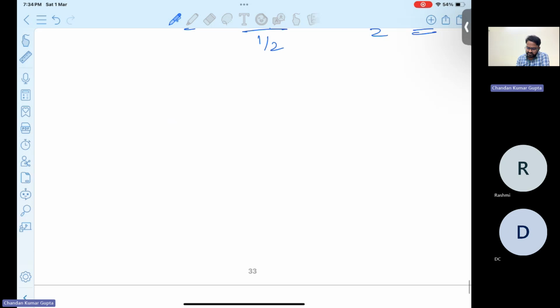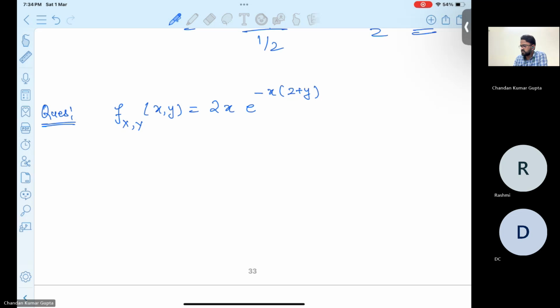Now, one more question. We are given a bivariate, two-dimensional random variable. The joint distribution of the two-dimensional random variable is given as 2x e to the power minus of x(2 plus y), for x and y greater than 0. We need to find the PDF of x.